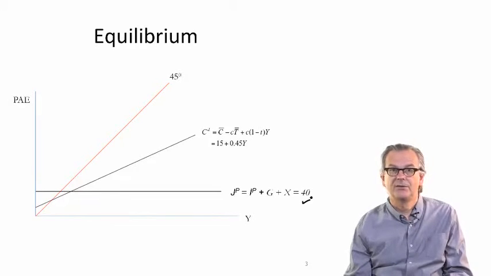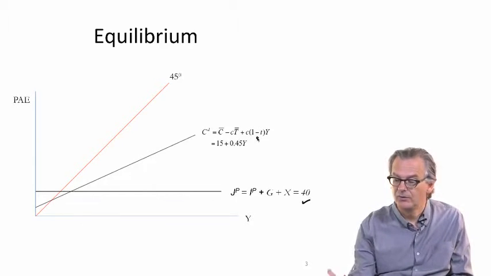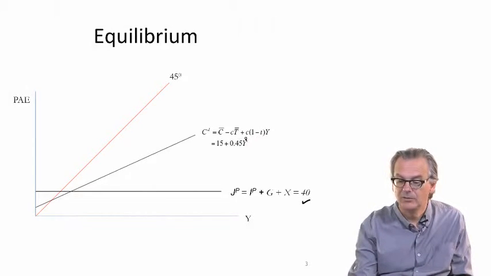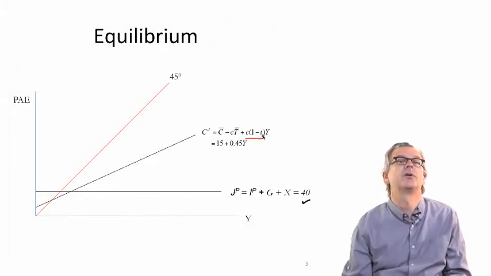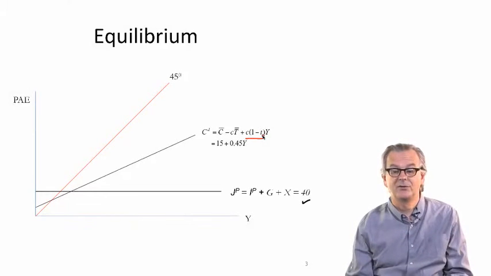Again, using the hypothetical numbers from that table, the consumption function can be illustrated in this instance by a positively sloped line with a vertical intercept of 15 and a slope of 0.45. I'd ask you to recall that the slope is influenced both by the marginal propensity to consume and by the tax rate.